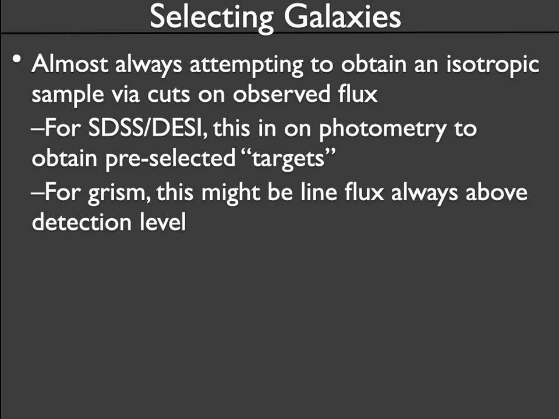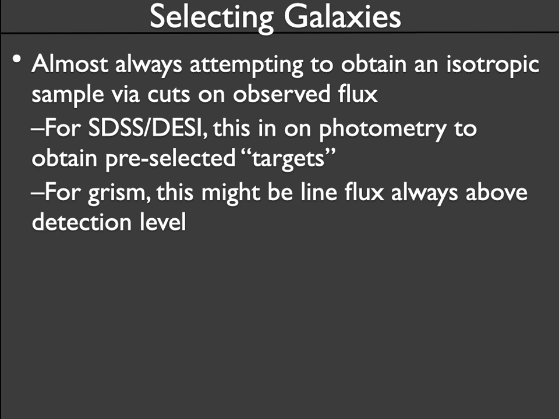And so when planning the surveys, the common thing to do is make a selection that we believe should give us a relatively, at least, isotropic sample.